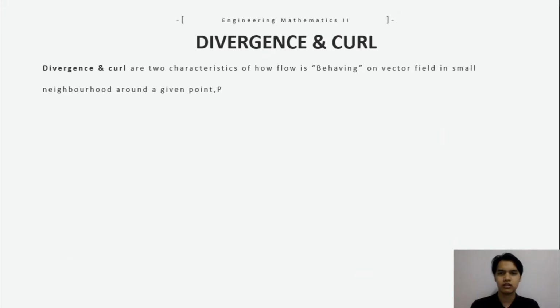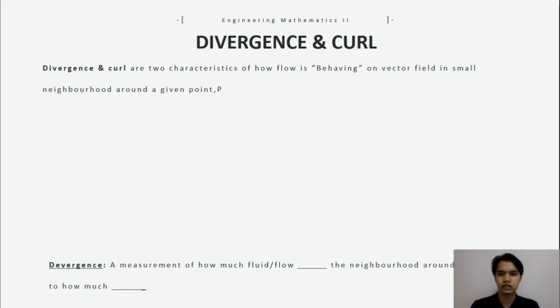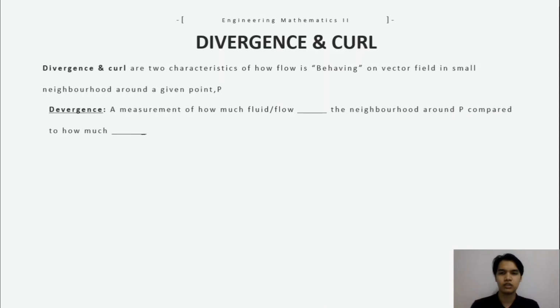Divergence and curl are two characteristics of how flow is behaving on a vector field in a small neighborhood around a given point P. Divergence is a measurement of how much flow of fluid enters the neighborhood around P compared to how much it leaves.